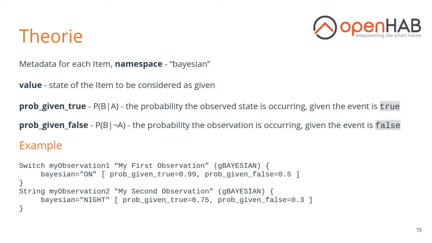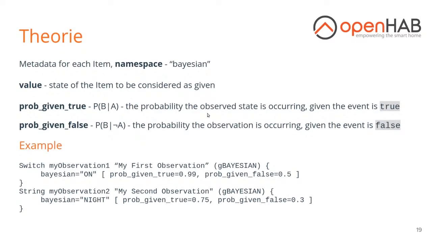So when the item has this state, then it will be considered. We have to define the prop given true configuration. This is the probability of the observed state occurring given the event is true, and we optionally can define the prop given false.